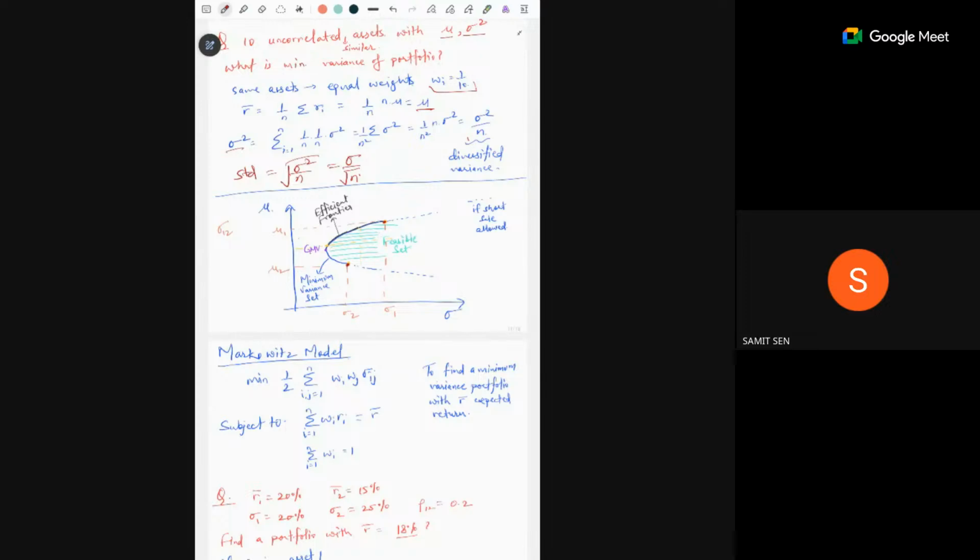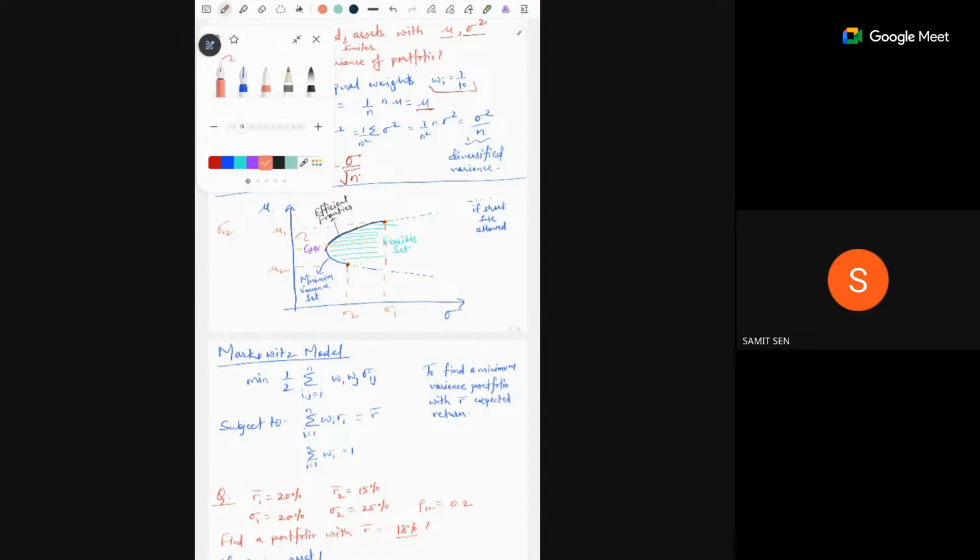This feasible set is represented by this yellow shaded area. It means all these possible combinations are available to you. Now, any rational investor would always choose the minimum possible variation for any given value of return.